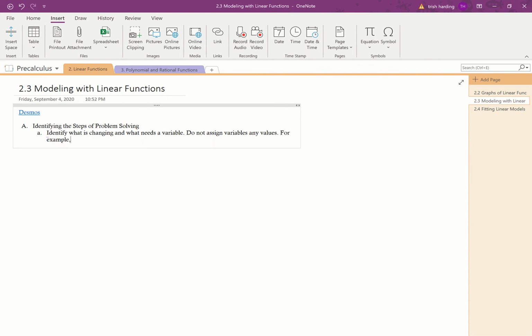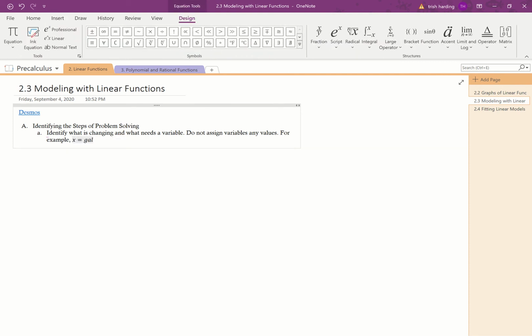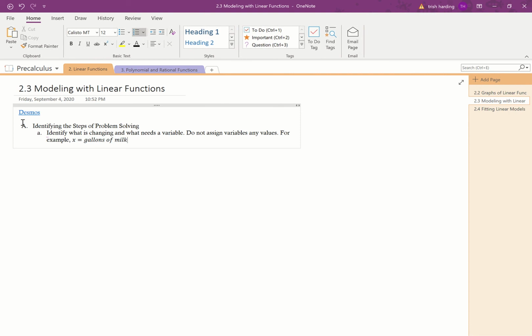For example, if we were talking about gallons of milk, and you wanted to say X equals gallons of milk, right? Then that would be it.